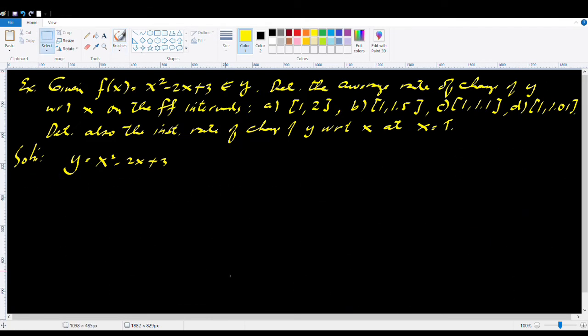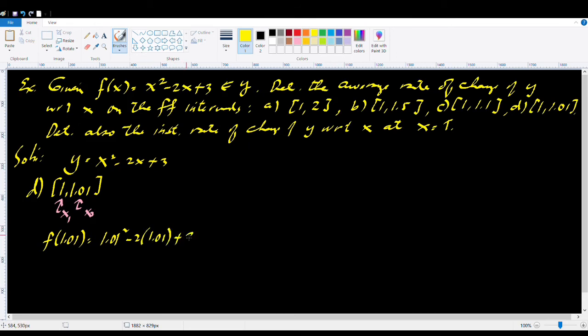We shall now proceed to the last interval, which is 1 to 1.01. Our x sub 1 is still the same, equal to 1, and x sub 2 is 1.01. So calculate for f of 1.01. That should give us 1.01 squared minus 2 times 1.01 plus 3.